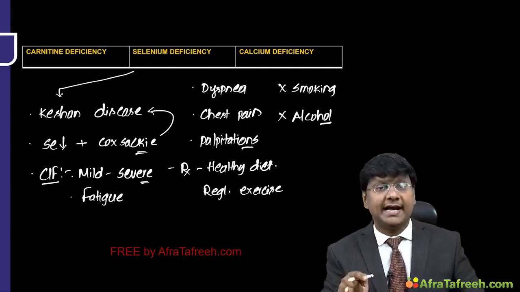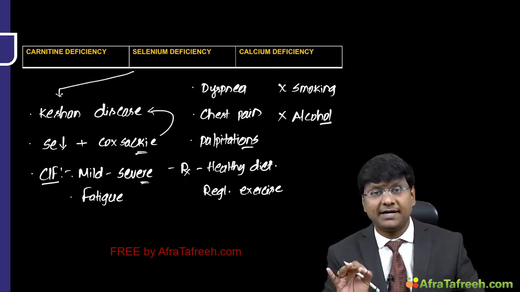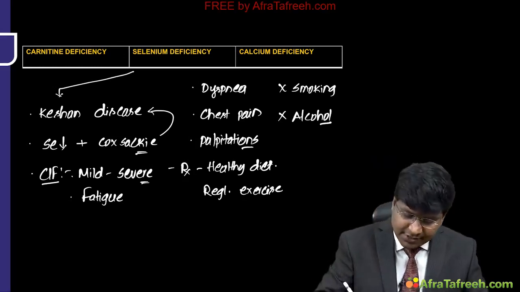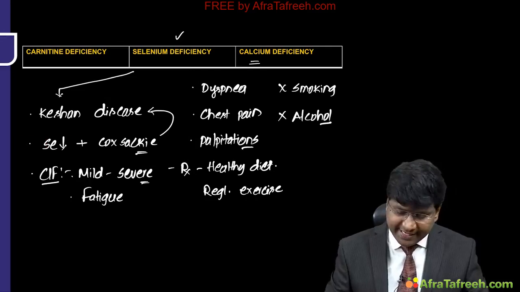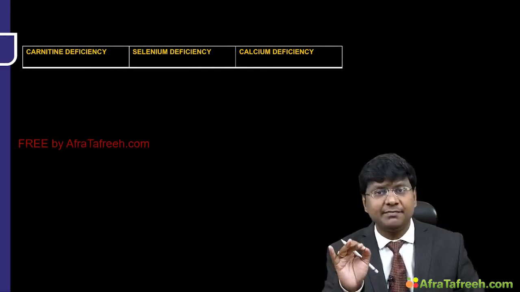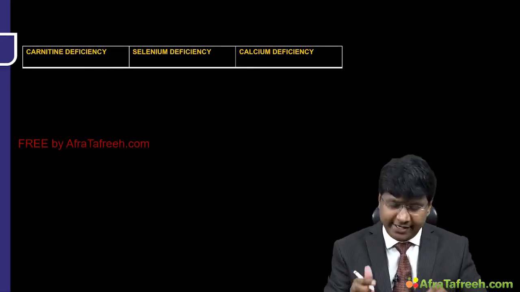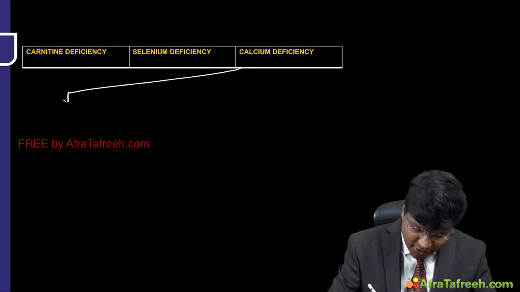Avoidance of smoking and alcohol is a very important part of the lifestyle modification. So that is about selenium deficiency. The next important is calcium deficiency. Now, what is calcium? Calcium is a very important mineral which is required for excitation contraction coupling.